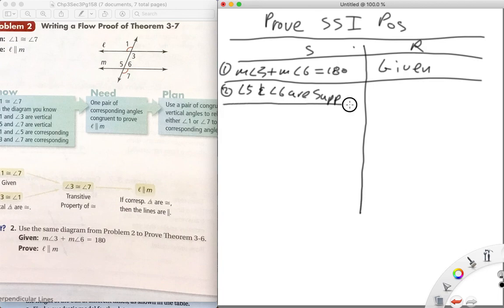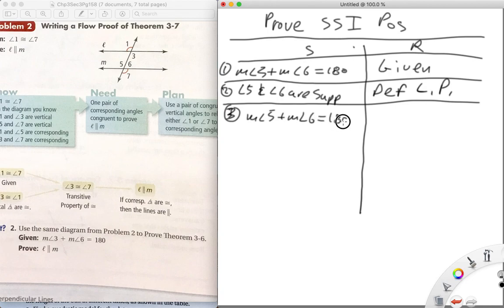And they're supplementary because of the definition of linear pairs. And since they are supplementary, then the measure of angle 5 plus the measure of angle 6 equals 180. The definition of supplementary angles.